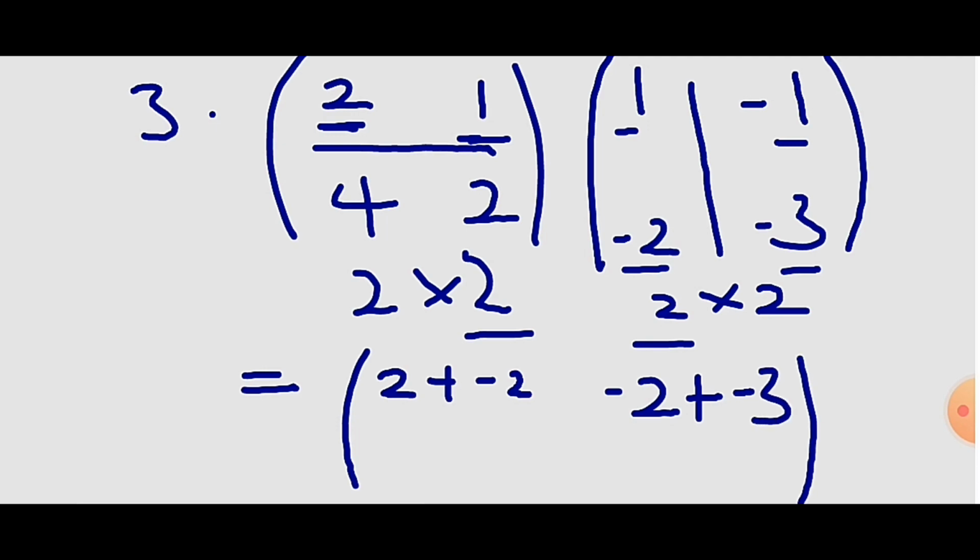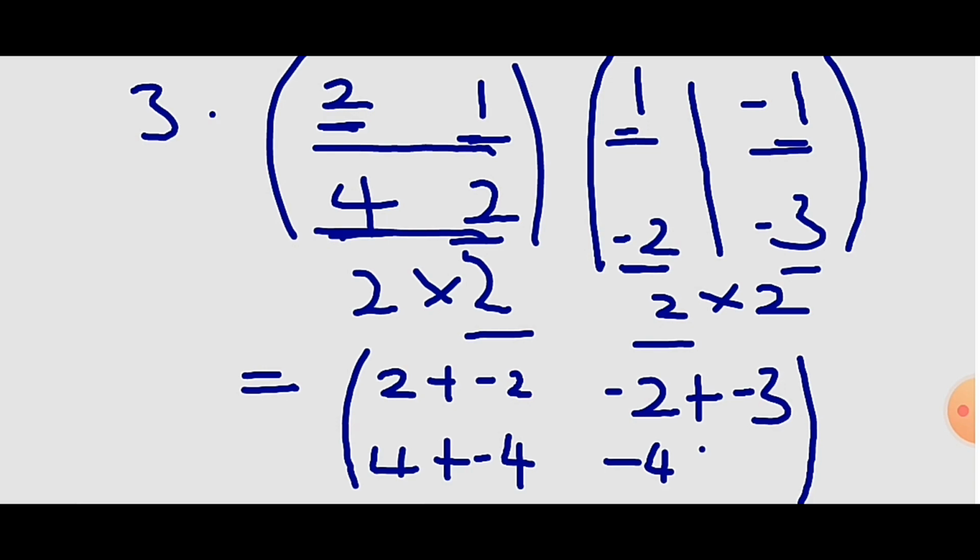Come back to the last row and repeat with all the columns. So 4 times 1, that is 4, plus 2 times -2, that is -4. 4 times -1, we are now in the last column. We get -4 plus 2 times -3, that is -6.